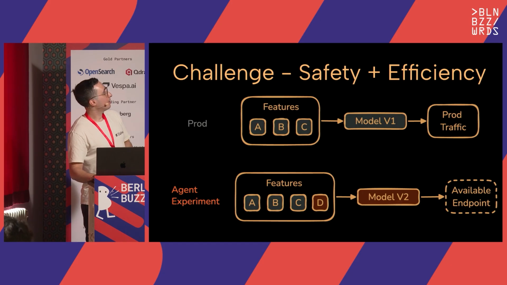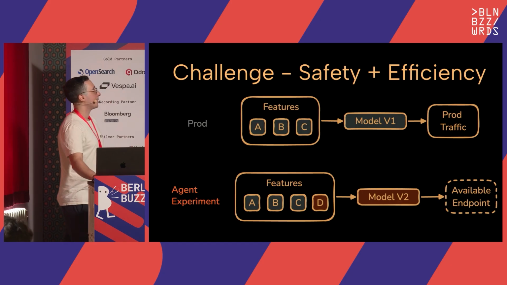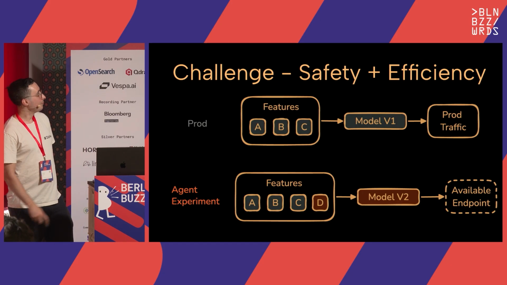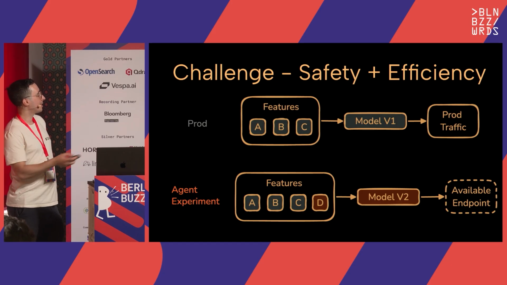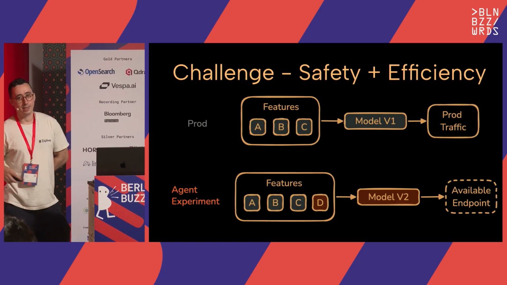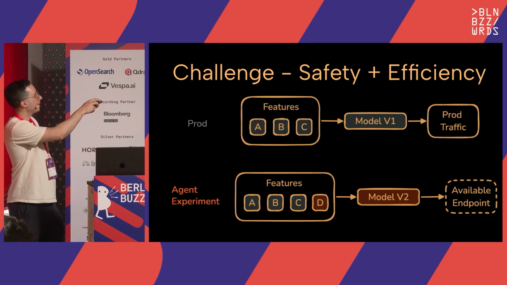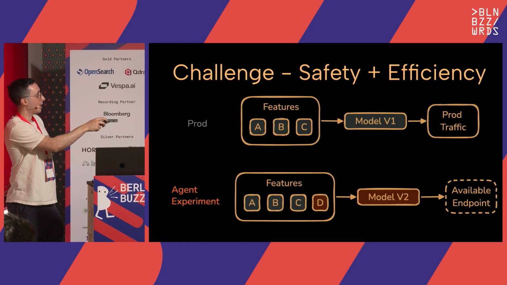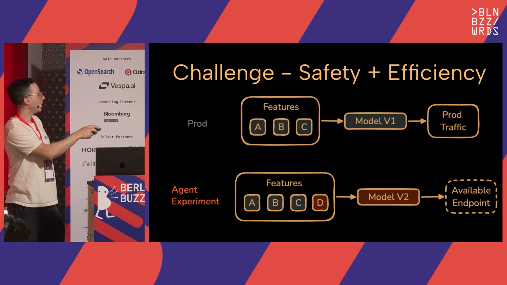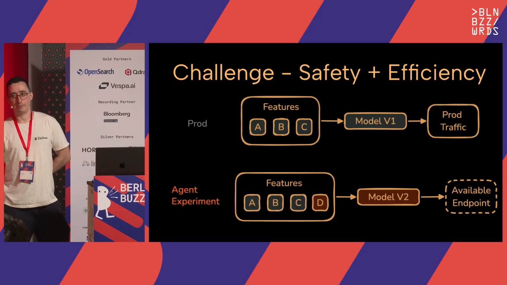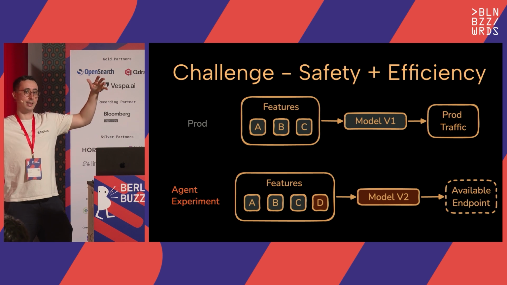Okay, so we'll get a little deeper now into this concept of safety and efficiency. Essentially, what we want to do is something like this at the end of the day. This is obviously a very simplified representation, but you have a production model being served off a feature set A, B, and C. Then you want the agent to be able to say, hey, I have an idea for feature D, or a user to say, try these 10 feature ideas.